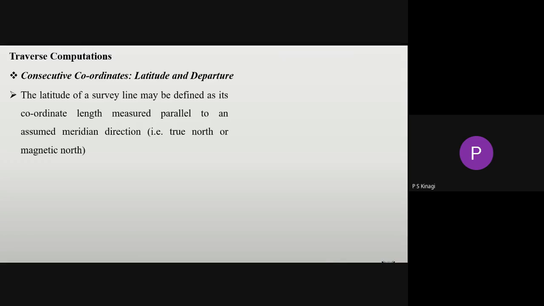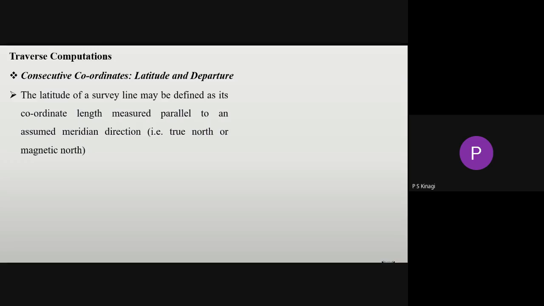Okay, so here we have to first understand the meaning of latitude and the meaning of departure. Coming to latitude, the latitude of a survey line may be defined as the coordinate length measured parallel to an assumed meridian direction, true north or magnetic north.